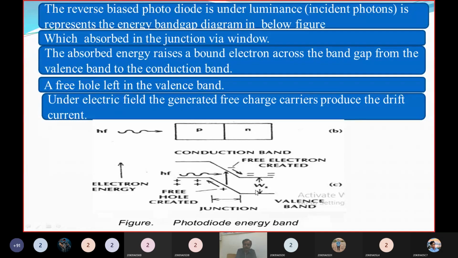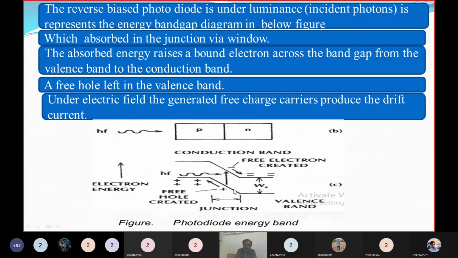Whenever light is incident on the diode, the light energy is absorbed by the depletion region.